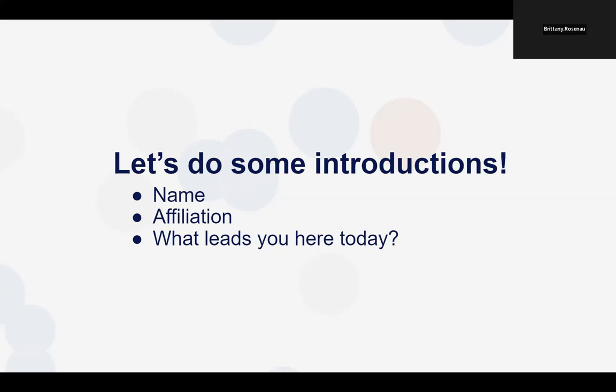Hello, I finally found where my mute button was. Hi everyone, I'm Brittany, she, her. My Zoom background is the conference room from Parks and Rec. Dark hair, wearing glasses.